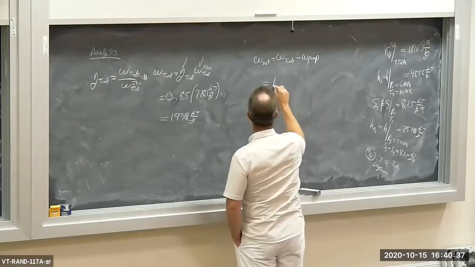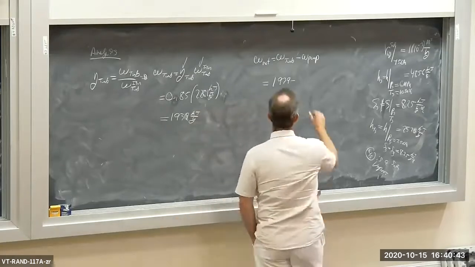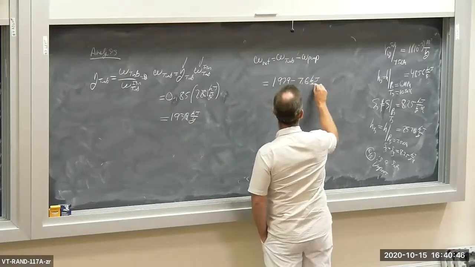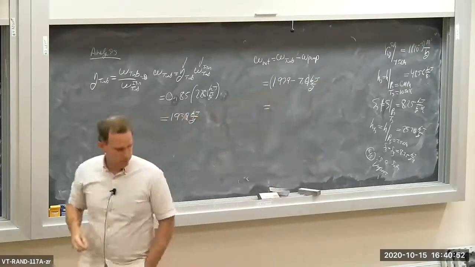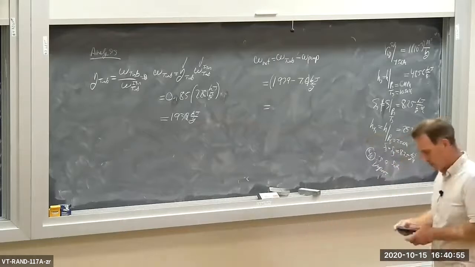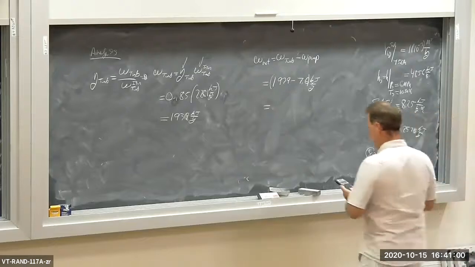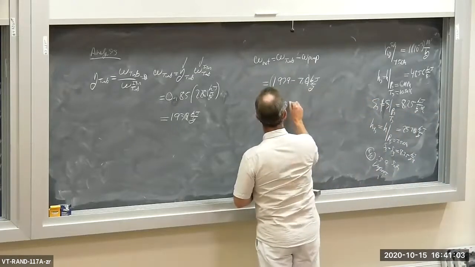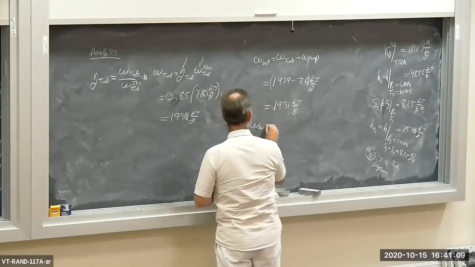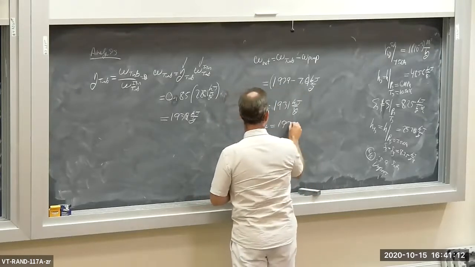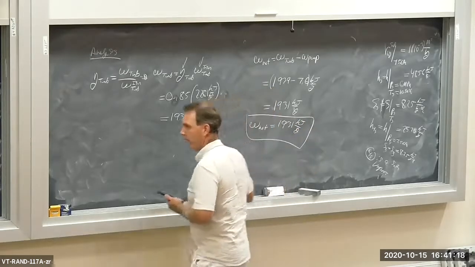So that's 1939 minus 7.6, with some rounding, and I get 1931 kilojoules per kilogram. So the net specific work is 1931 kilojoules per kilogram. Let me put that up right over here.